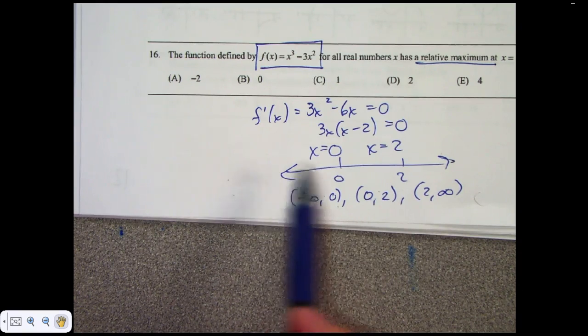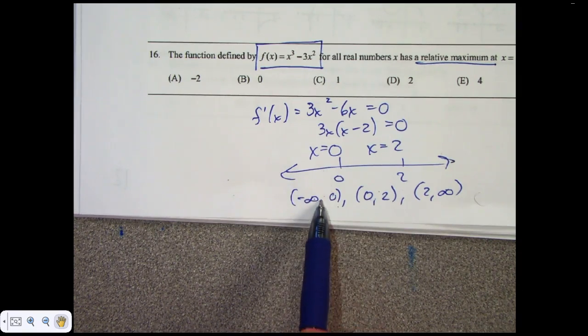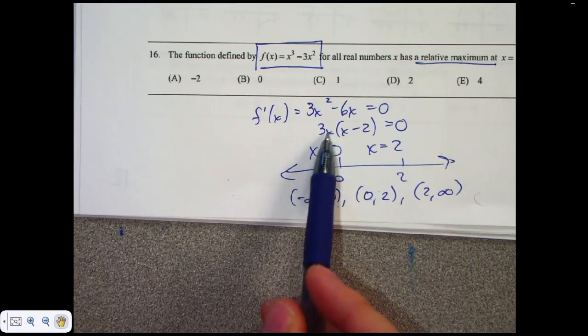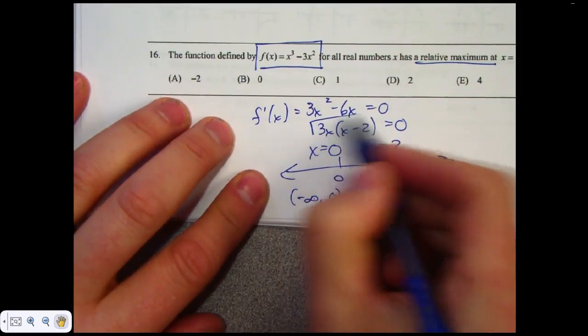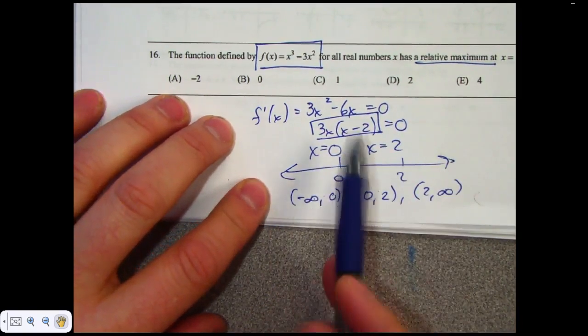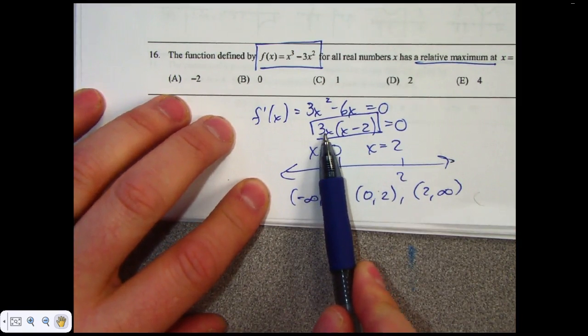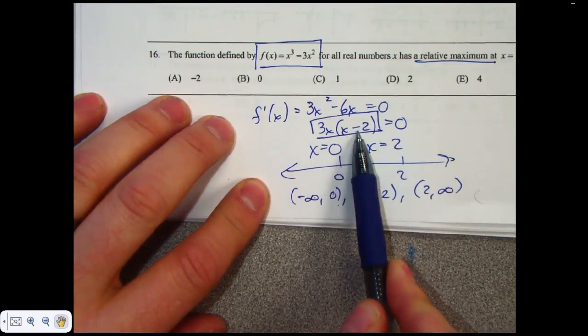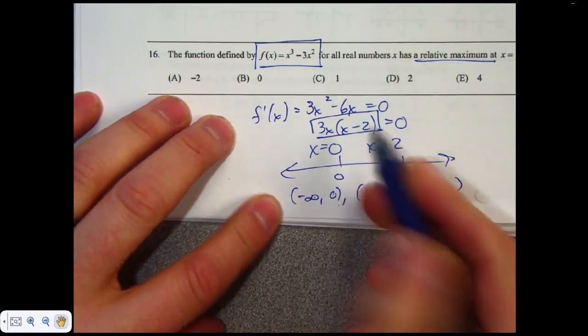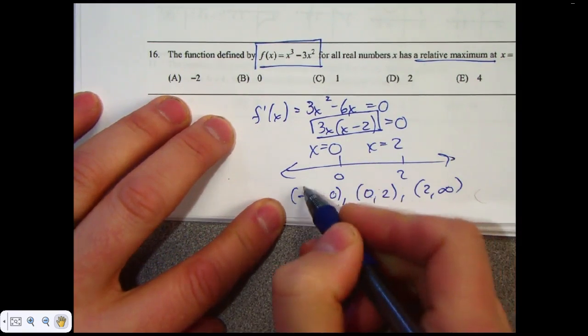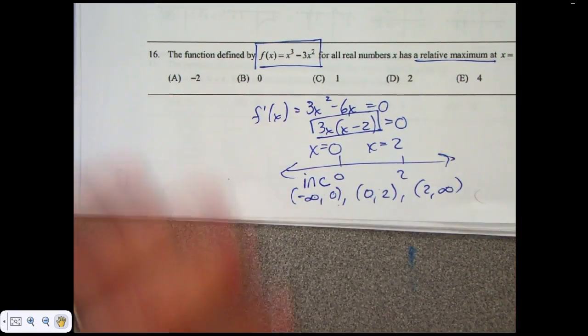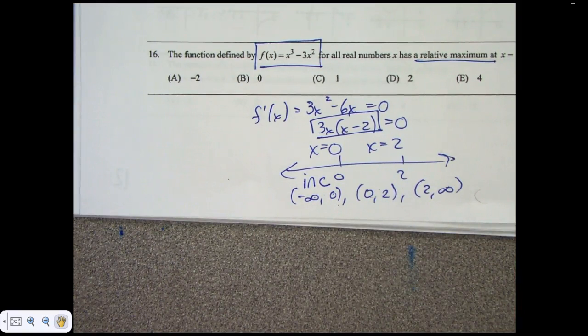Into the derivative, you plug back into the level you came from. So if I plug in like negative 10, this part would be negative. 3 times a negative number is negative. This part would be negative, so negative times negative means positive. So we're increasing here up until 0 because the derivative is positive.